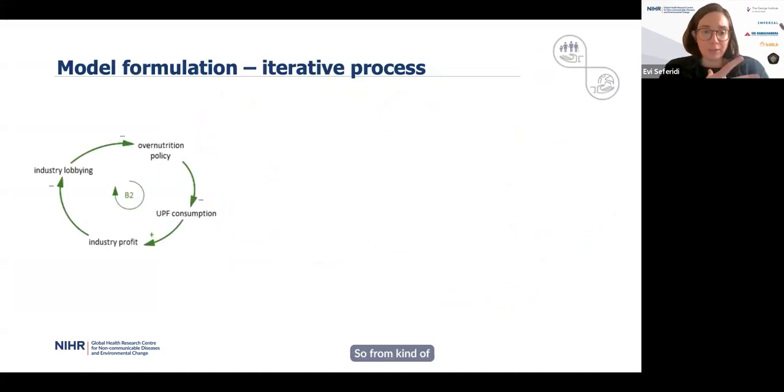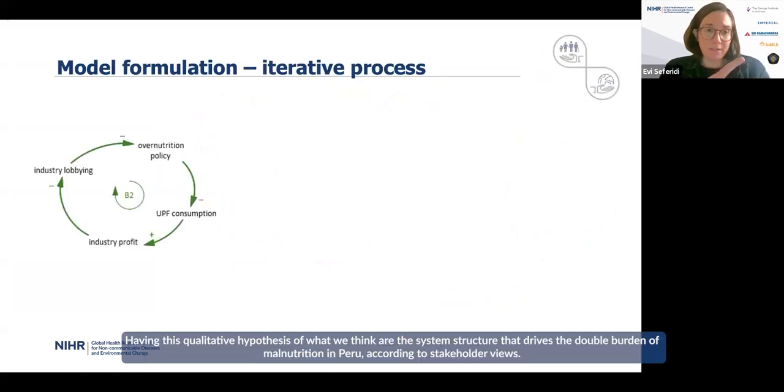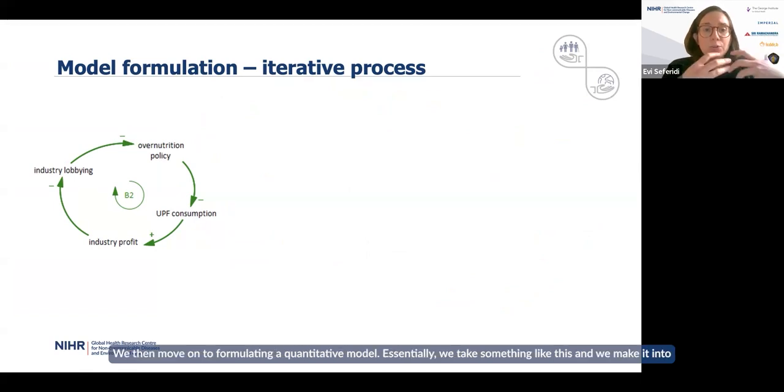So from having this qualitative hypothesis of what we think is the system structure that drives the double burden of malnutrition in Peru, according to stakeholder views, we then move on to formulating a quantitative model.